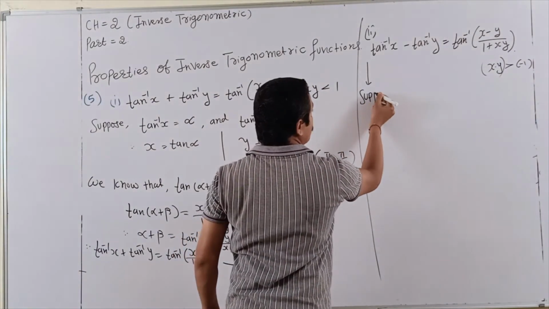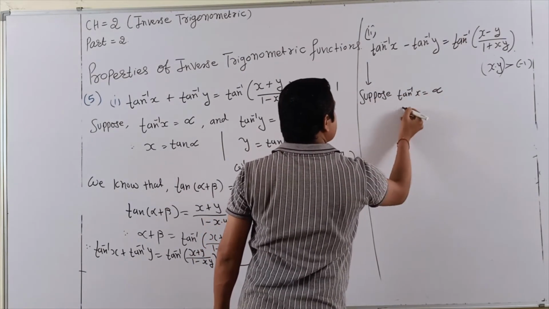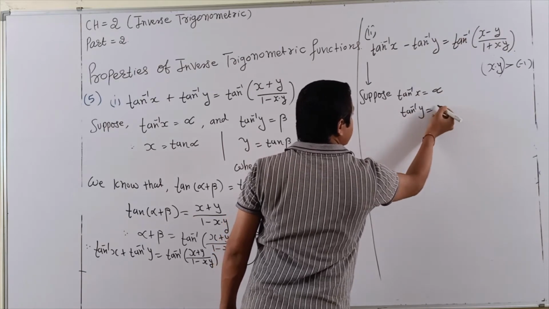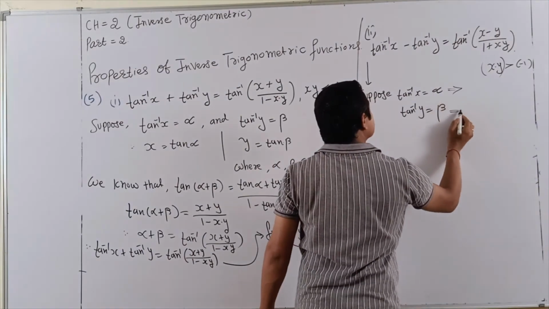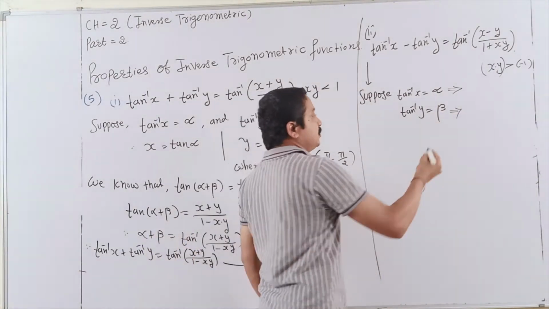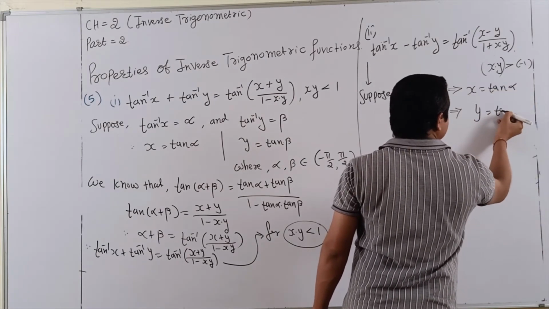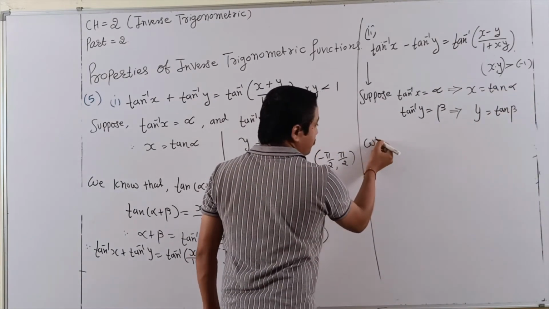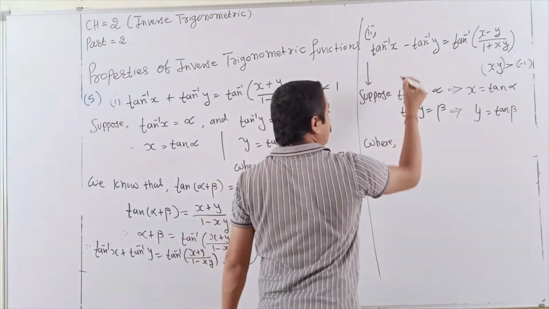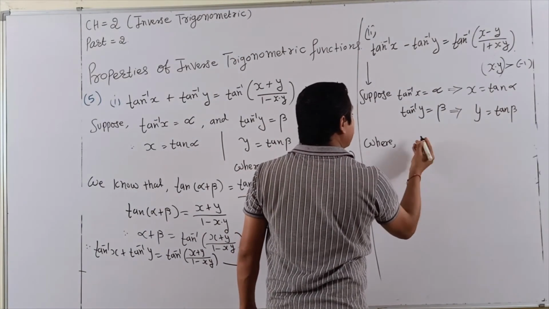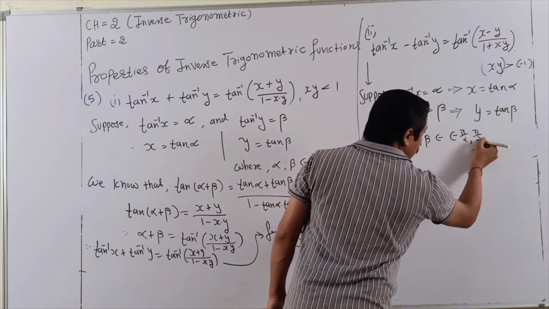Suppose tan inverse x is alpha and tan inverse y is beta. Finally, you just create two values: x is equal to tan alpha and y is equal to tan beta. When necessary, write down the range of x and y: alpha and beta belong to minus 90 to 90.